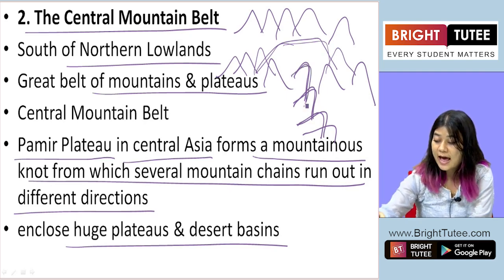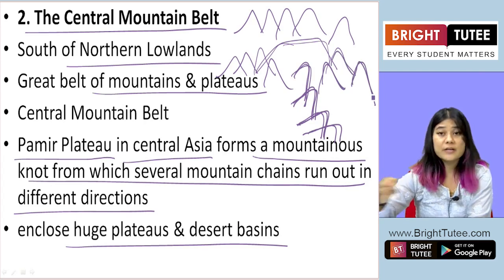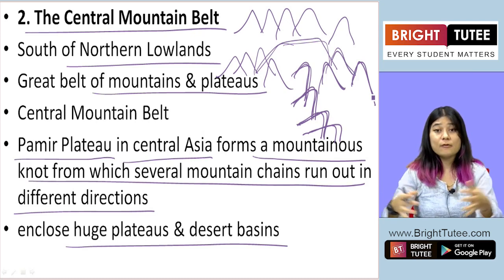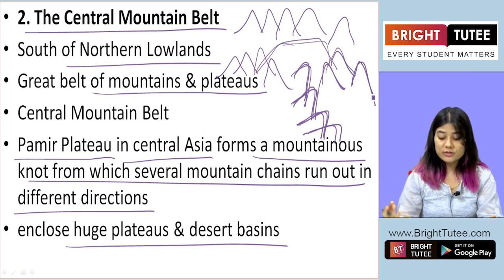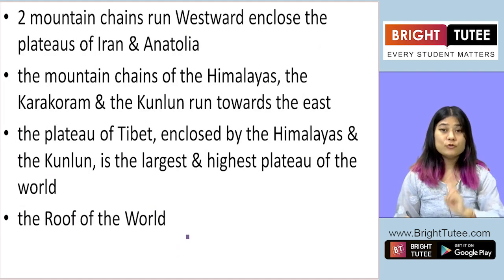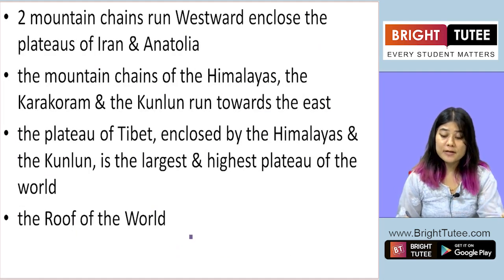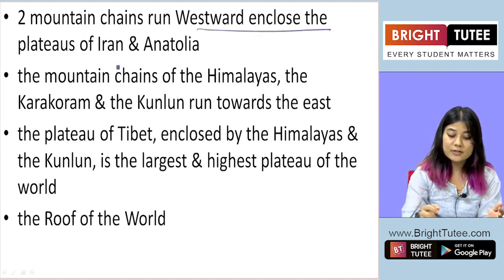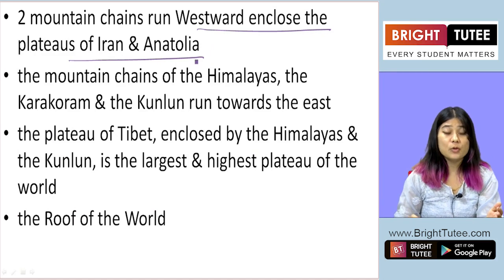As these mountains run out of the Pamir Plateau in ranges, they bound huge plateaus and also desert basins. Two mountain chains from the Pamir Plateau run westward and enclose the plateaus of Iran and Anatolia.